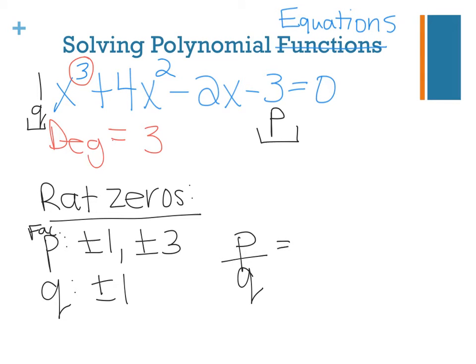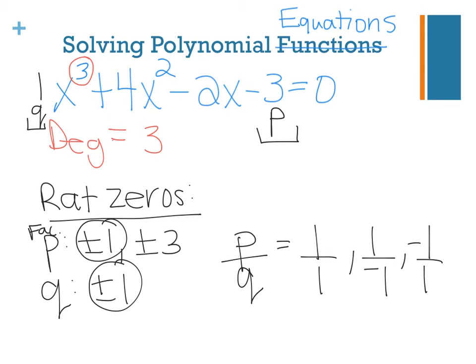So I could divide plus or minus 1 by plus or minus 1, meaning I could divide positive 1 by positive 1, positive 1 by negative 1, negative 1 by positive 1, or negative 1 by negative 1.